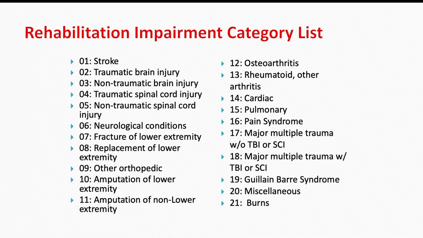Rehabilitation Impairment Category List. 1. Stroke. 2. Traumatic brain injury. 3. Non-traumatic brain injury. 4. Traumatic spinal cord injury. 5. Non-traumatic spinal cord injury. 6. Neurological conditions. 7.